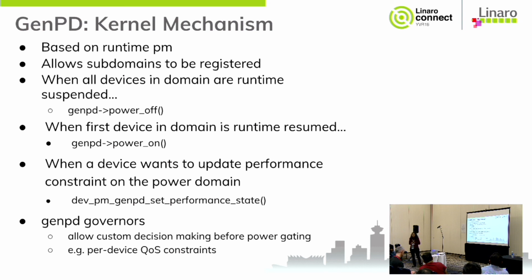If someone says that I need a particular latency from a power domain, maybe the governor will take the decision not to gate the power domain even if all the devices in the power domain are idle.